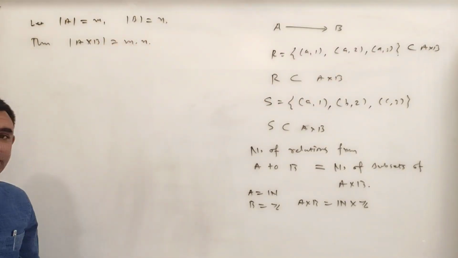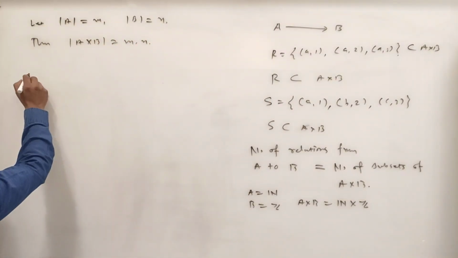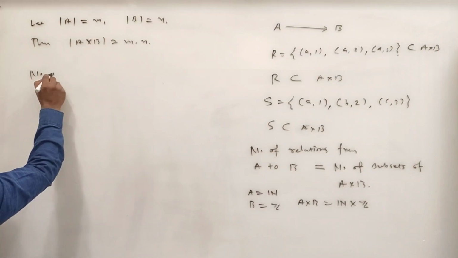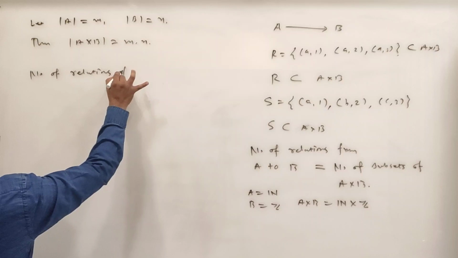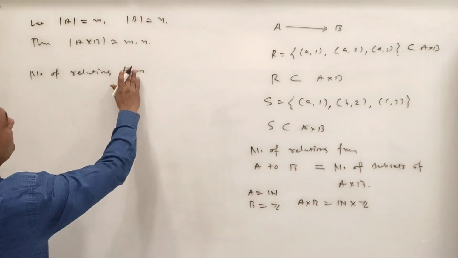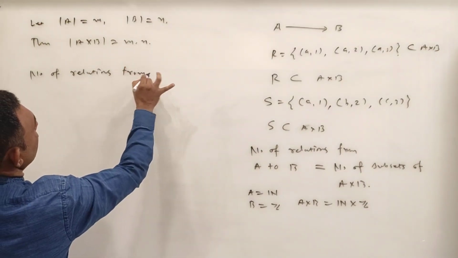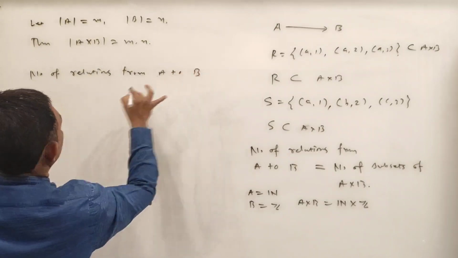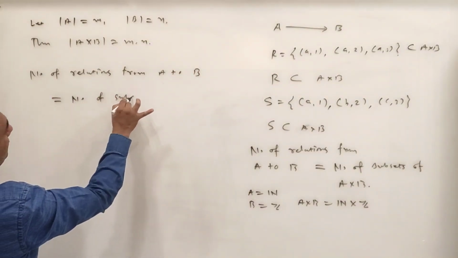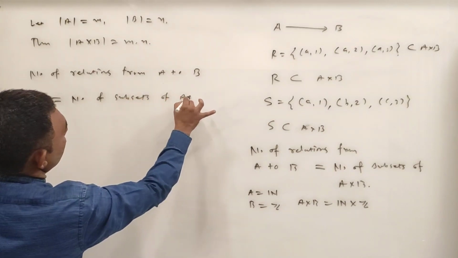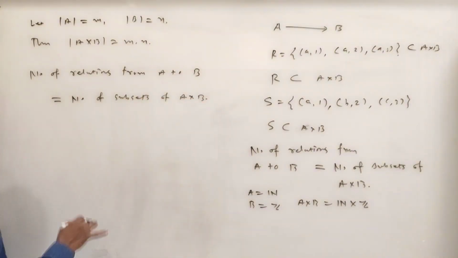M into N. So number of relations from A to B is equal to number of subsets of A cross B.